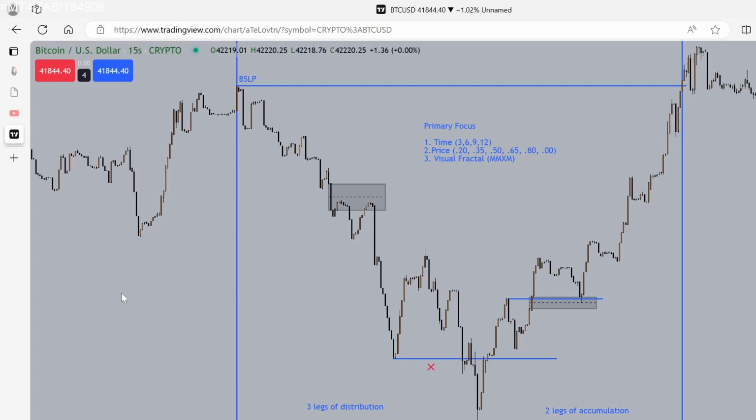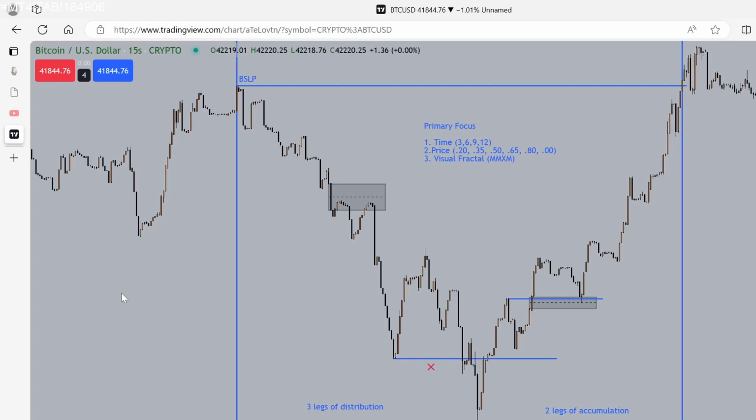When you have time and price overlapping, you're going to get a visual fractal that confirms that smart money is either selling, distributing orders, or buying, accumulating orders.